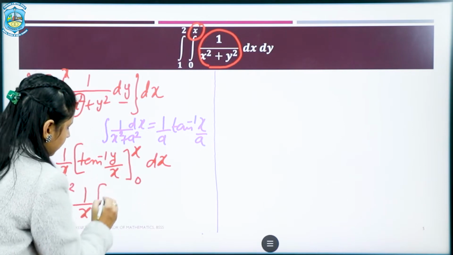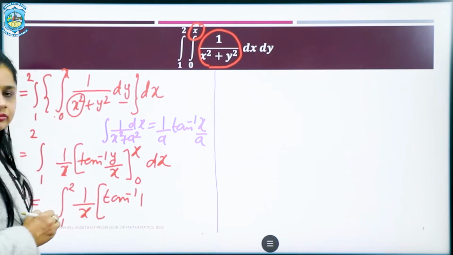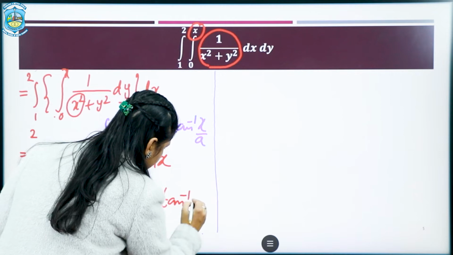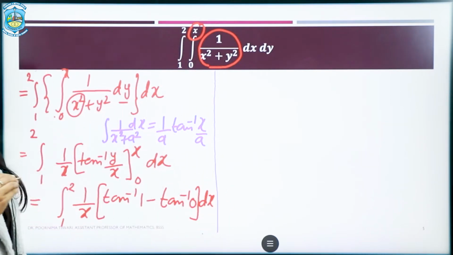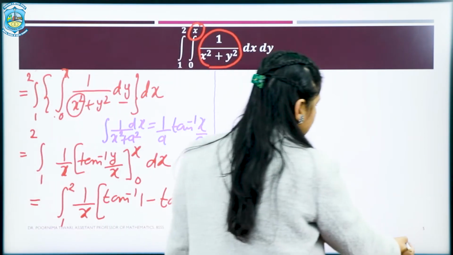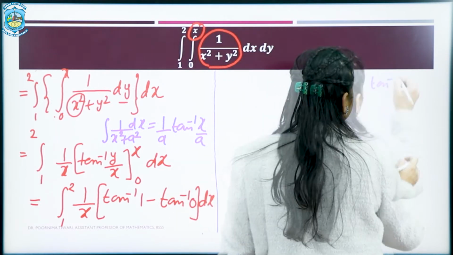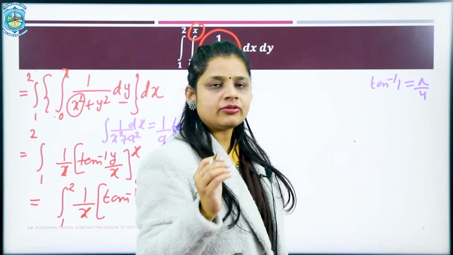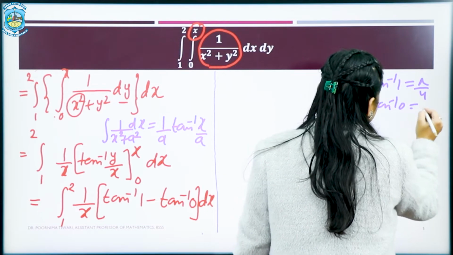When we apply the upper limit, we get tan inverse 1 minus tan inverse 0, and the integration is with respect to x. Then we substitute the values: tan inverse 1 is pi by 4, and the value of tan inverse 0 is 0.